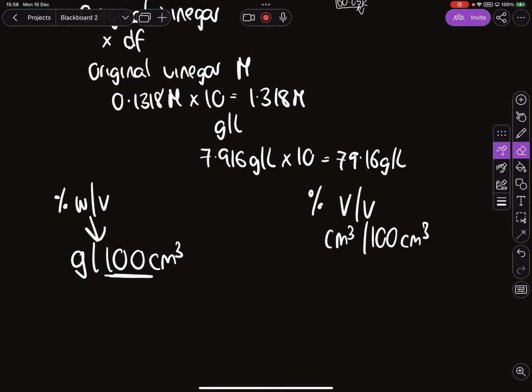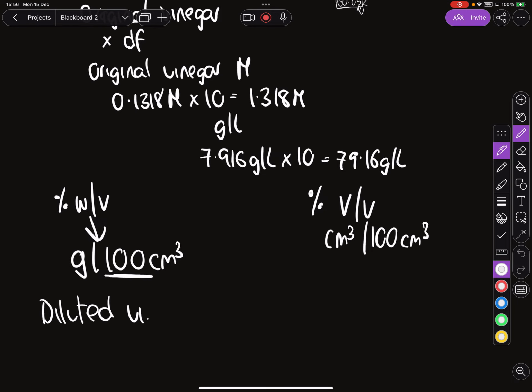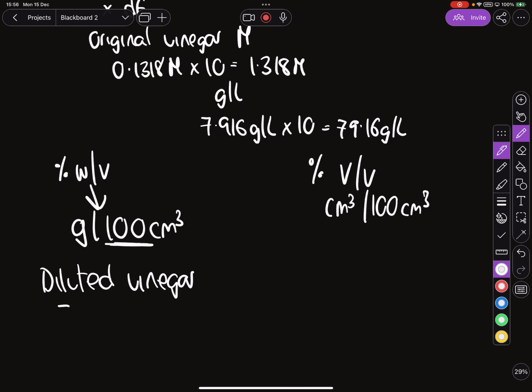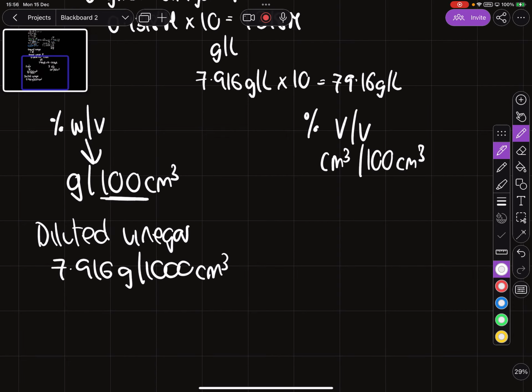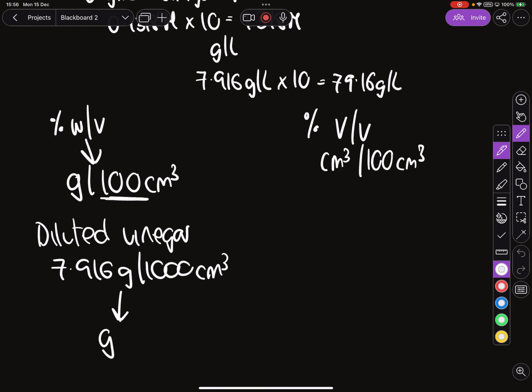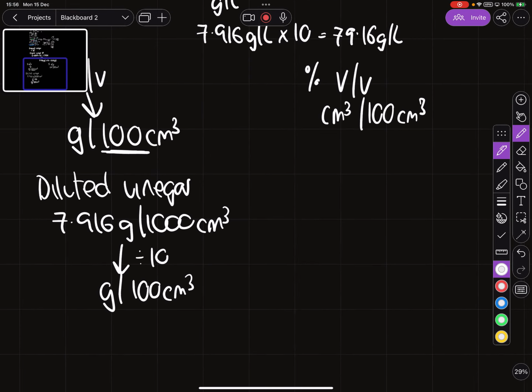So if they had asked you for the percent weight per volume of your diluted vinegar, you would be taking our concentration, which was 7.916 grams in 1,000 centimetres cubed, and you now have to convert that to grams in 100. And the quick way is to just divide your answer by 10.